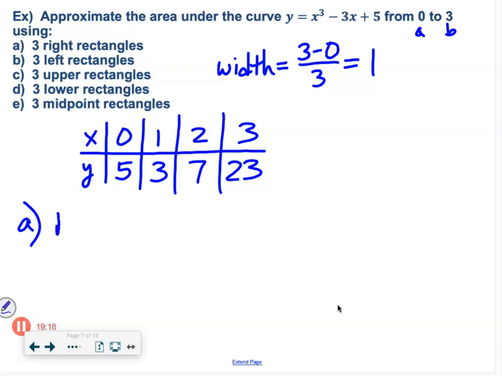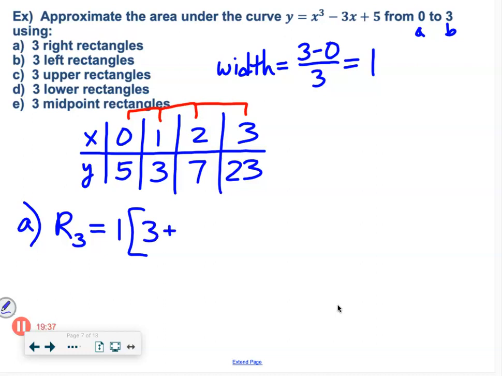So for 3 right, we'd write R sub 3. We have our width times the 3 heights, if you think of these as your 3 rectangles. When you're doing righties, you pick the height on the right.